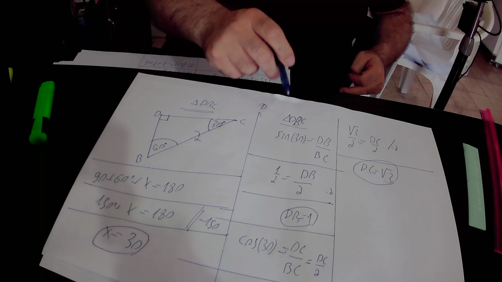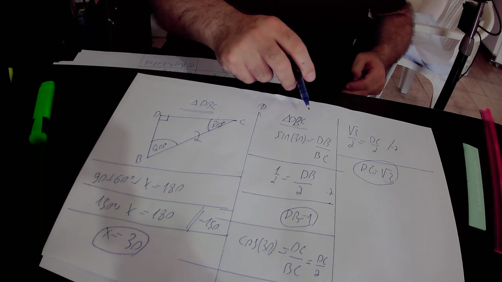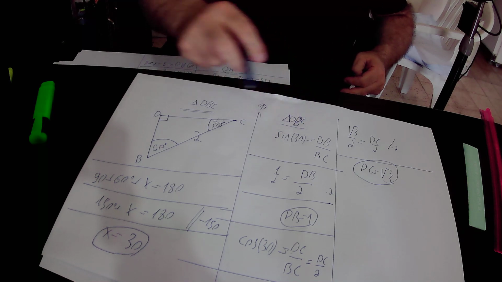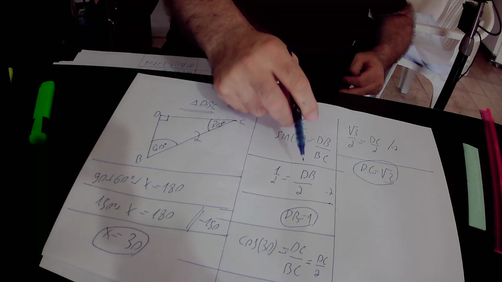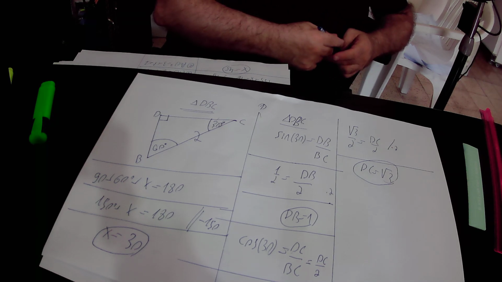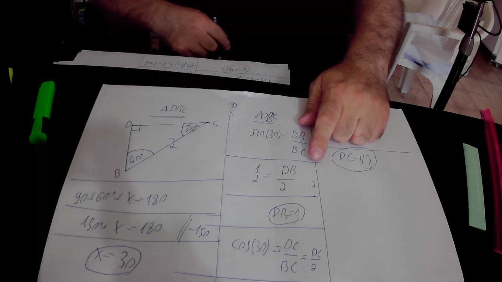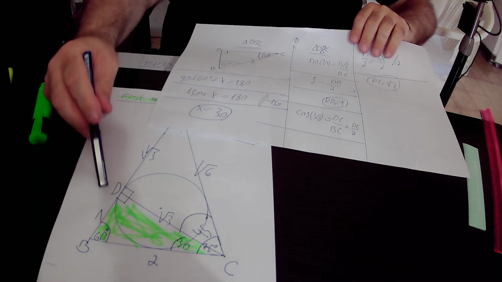So sine 30 degrees is 1/2. It is equal to DB over BC, and BC is 2, so we substitute BC by 2. So in conclusion, we found that 1/2 equals DB over 2. We multiplied this equation by 2, and we found that DB equals 1 unit. Here, DB equals 1 unit.